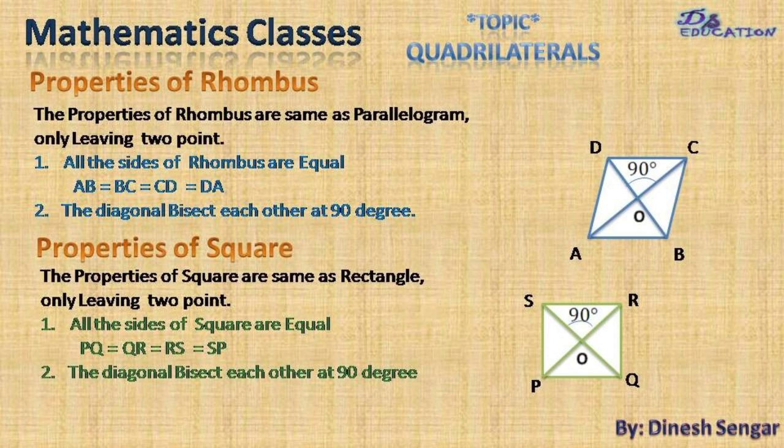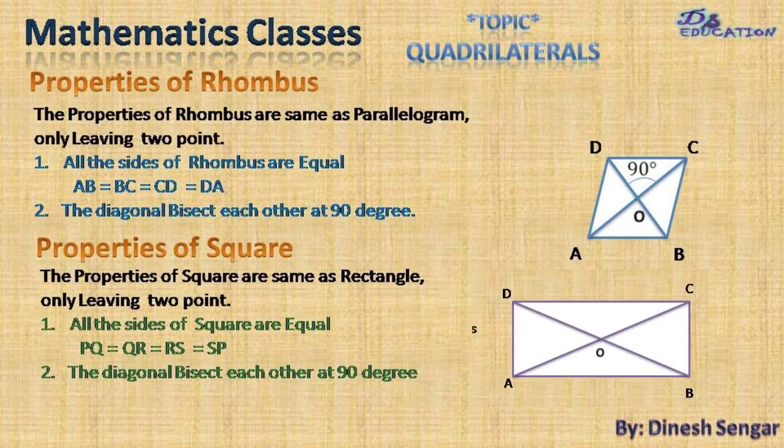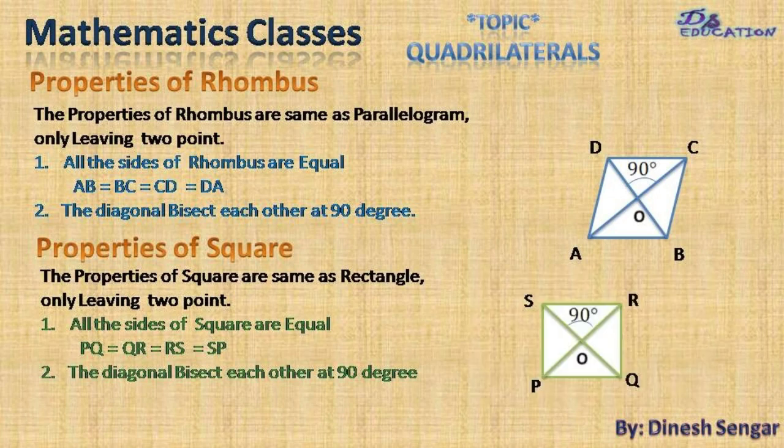All the 4 sides of a square are the same, whereas in the case of a rectangle, only the opposite sides are equal. The diagonals of a square bisect each other at 90 degrees. These 2 points will show you the difference between a rectangle and a square. If these 2 hold, you can identify that the given figure is a square.